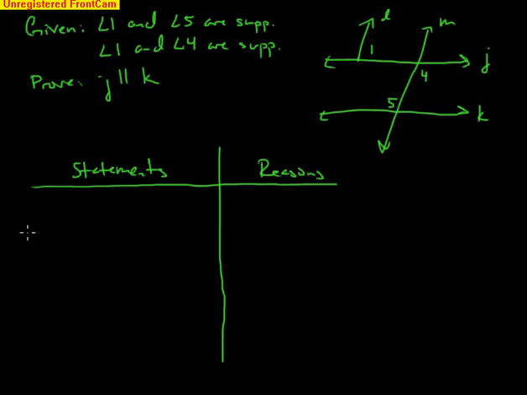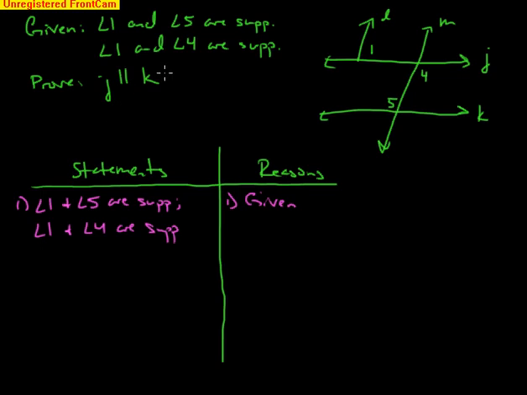I'll use a different color to write in. Okay? So we always start with the given. The given here is that angle 1 and angle 5 are supplementary. Angle 1 and angle 4 are supplementary. Okay? And that is the given.